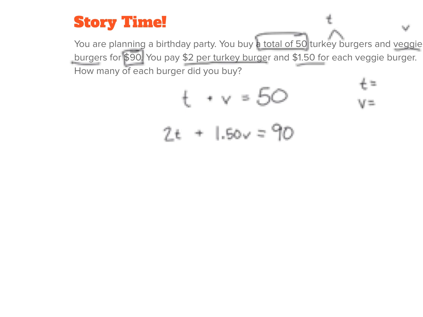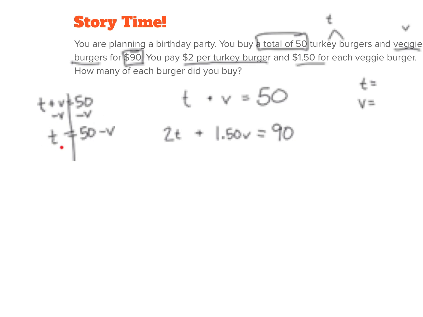So let's do this, and I'm going to solve this for T. T plus V is equal to 50. I'm going to subtract away V to get T all by itself. And I get T is equal to 50 minus V. That is my new equation here. T is equal to 50 minus V.